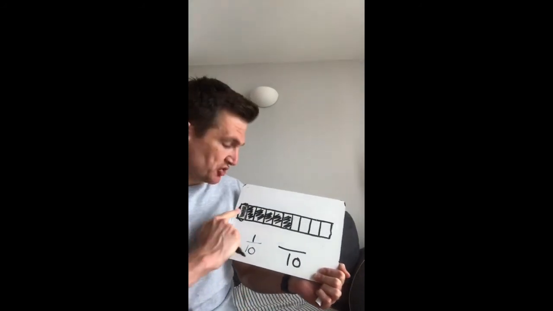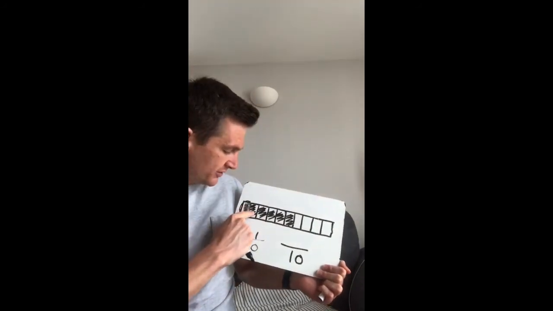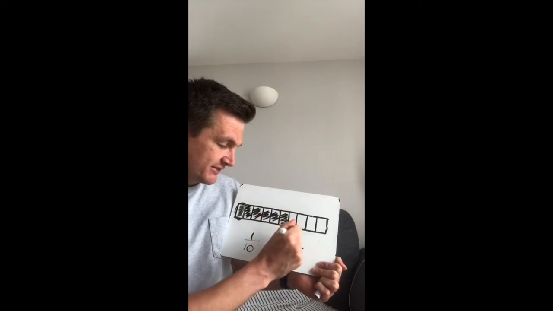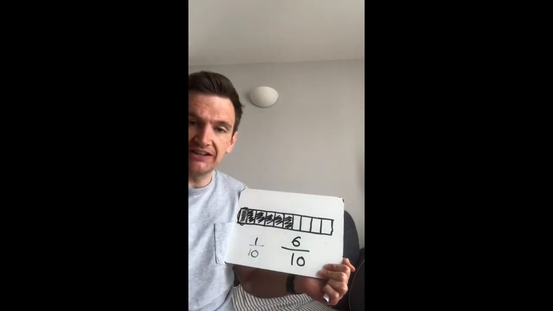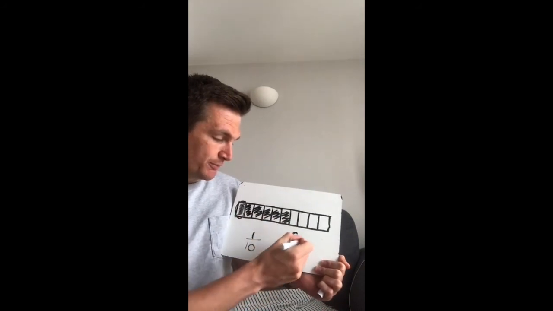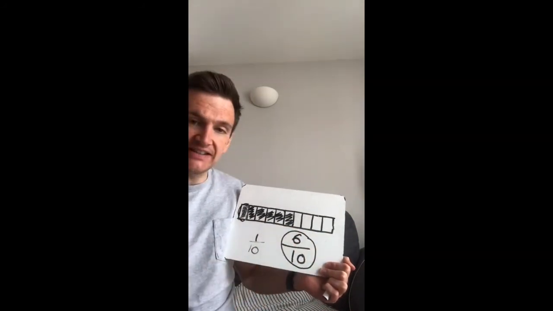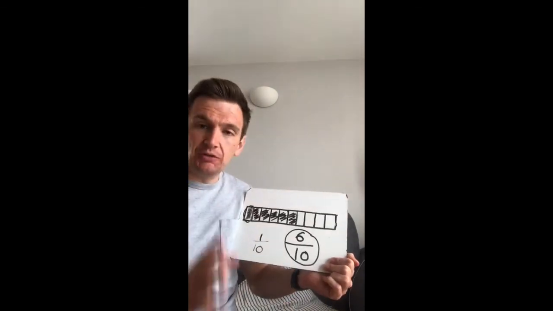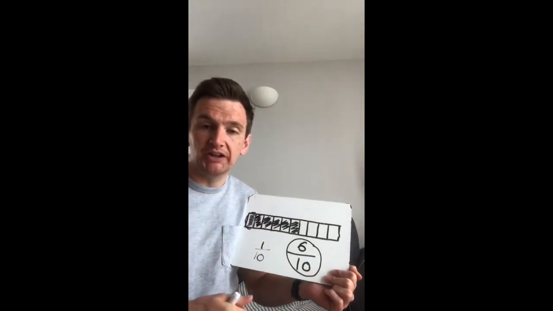So in this case, we're interested in how many are shaded in. So it's 1, 2, 3, 4, 5, 6 parts shaded in. Therefore, the fraction of the bar shaded in would be 6/10.